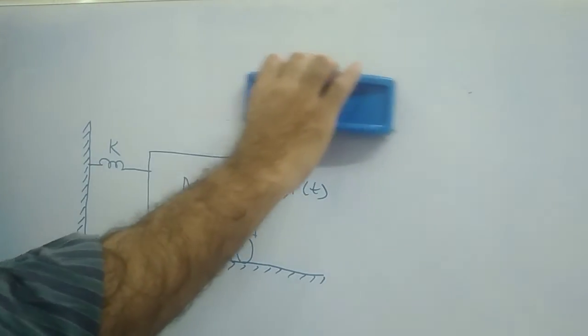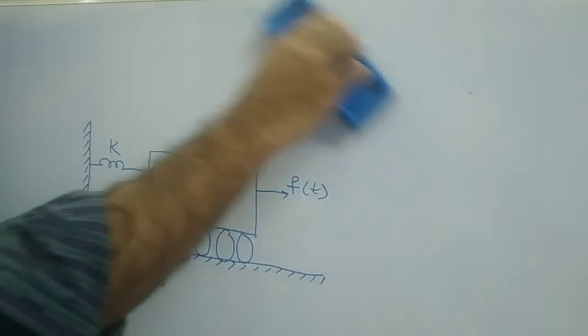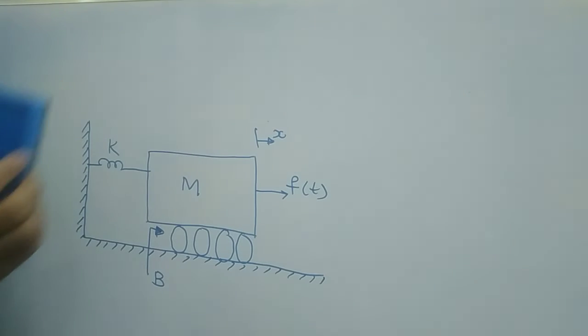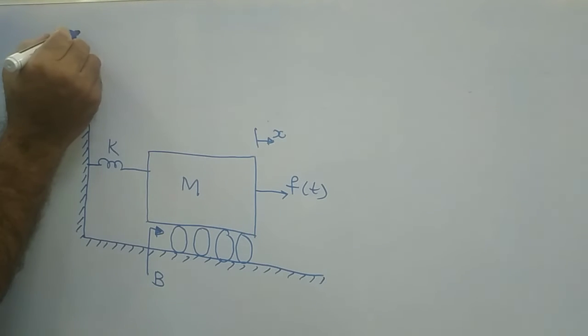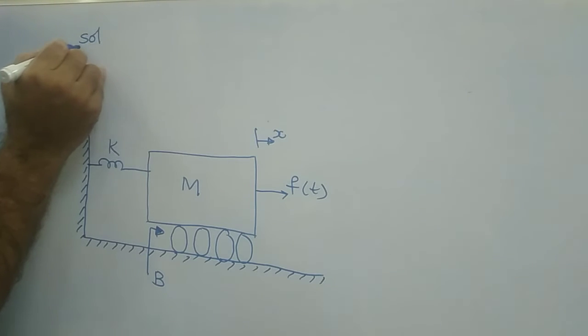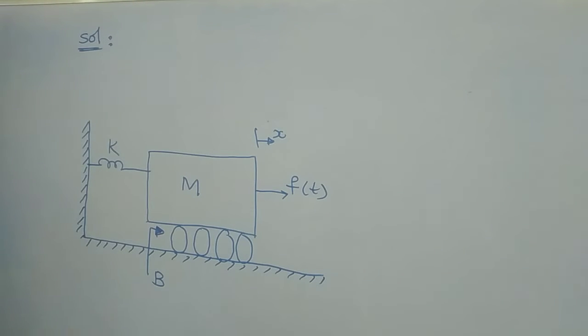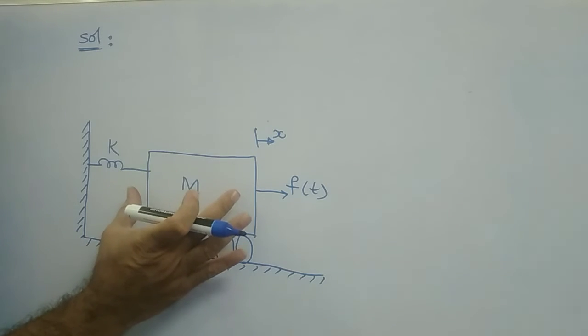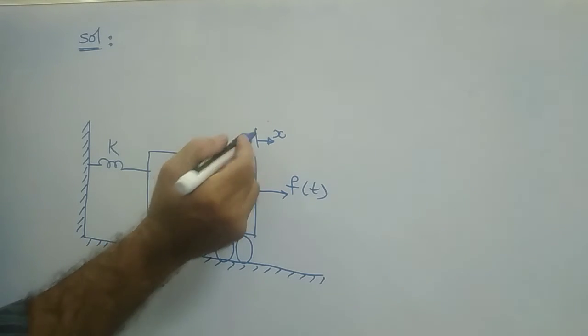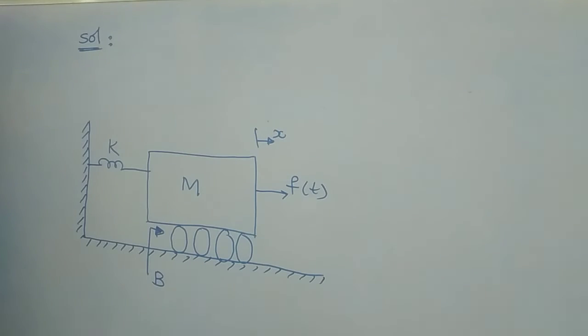So here, for any given mechanical system, the first thing we should do is the solution. For any given mechanical system, as we have only one block in this particular problem, you have only one block with one displacement.